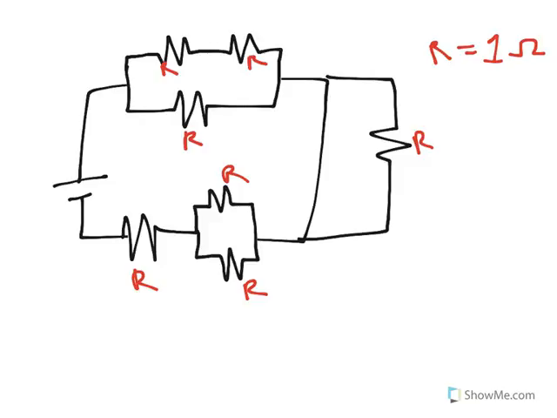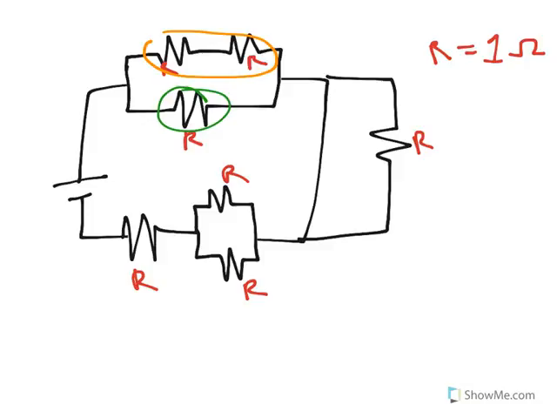So the first thing you want to do is look for the smallest, the most close together units of resistors. So what I mean by that is, if you look at this section up at the top, these two resistors are in series and there's nothing else that's interacting with them at that small level. In comparison, we have this other one which is in parallel, but it's in parallel with both of them.